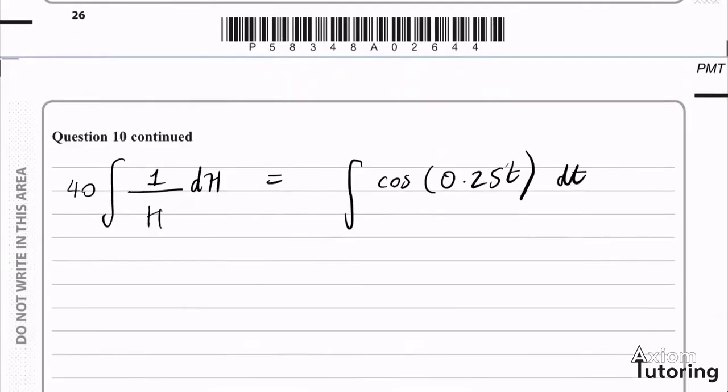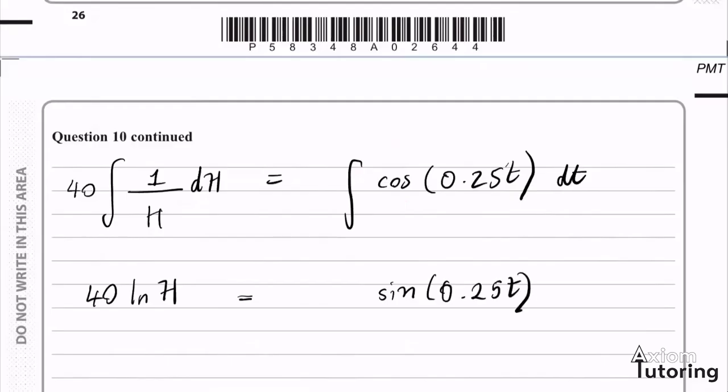Now on the left, the integral of 1 over h dh becomes ln of h. And then, of course, the 40 at the front remains there. So 40 ln h equals, and now we have to integrate this cos term. So cos integrates to sine, and since it's cos of 0.25t, it integrates to sine of 0.25t.